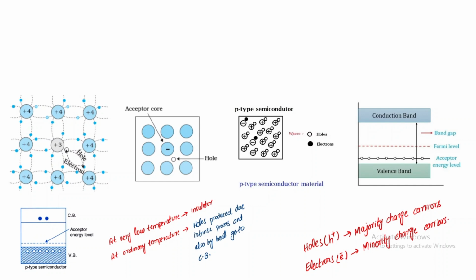Semiconductor materials have two types. One is the intrinsic semiconductor, where all atoms belong to the same element, and the other is the extrinsic semiconductor. They have two types: one is the p-type, the other is the n-type material.